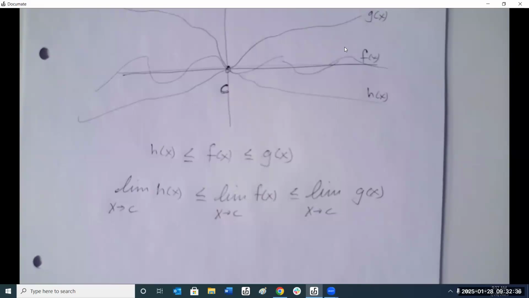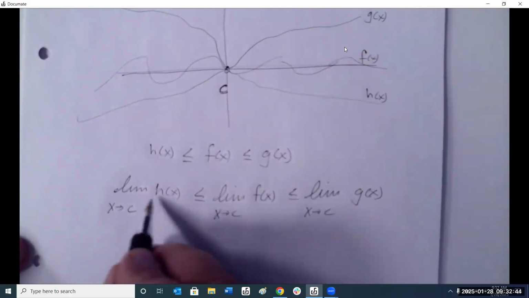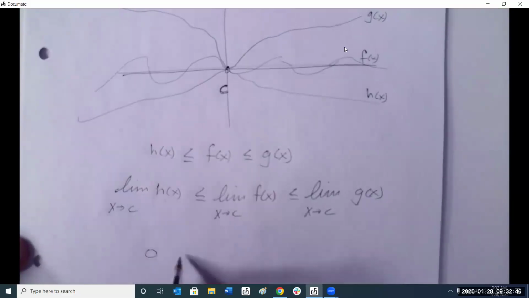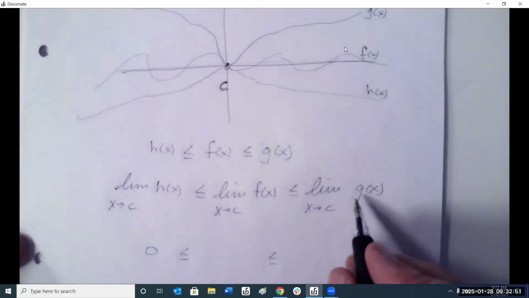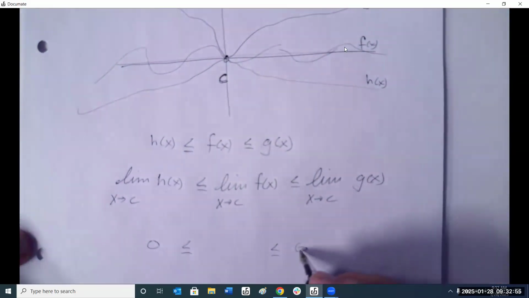Well, then guess what? We know what the limit of h of x is. Let's say in this case the limit of h of x at c is, instead of 0, I'll put L. And we also know the limit of g of x, because h of x and g of x have to have the same value.